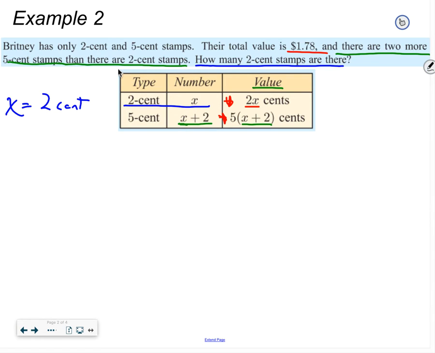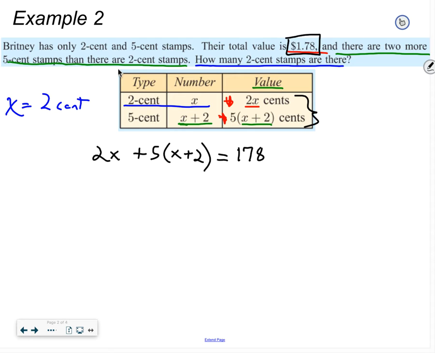Well, I know that these put together are going to give me a value of 1.78. Okay? So I'm going to do 2x plus 5 times x plus 2 is equal to 178. Okay, because we're dealing with cents, I'm just going to go ahead and leave it without my decimal point there.